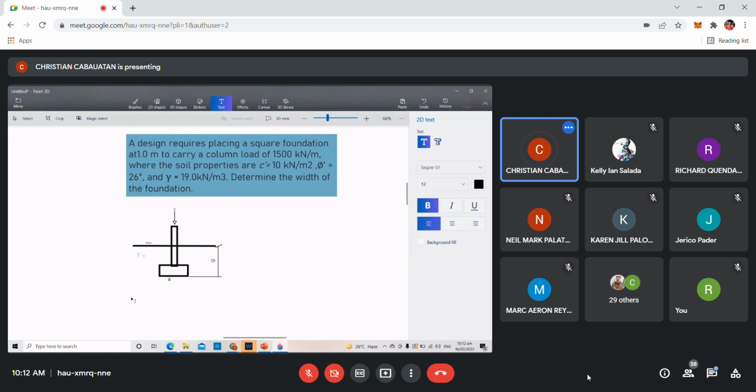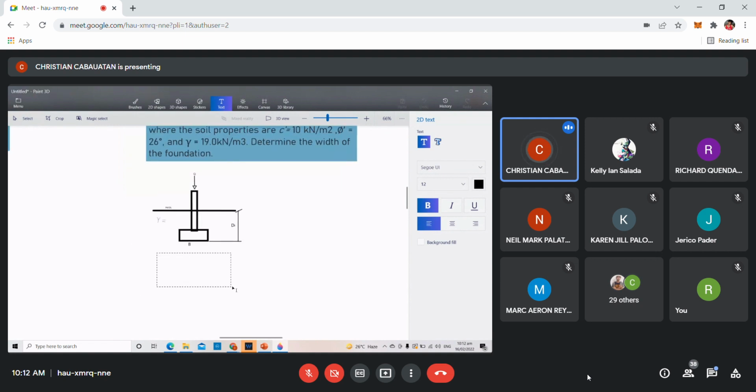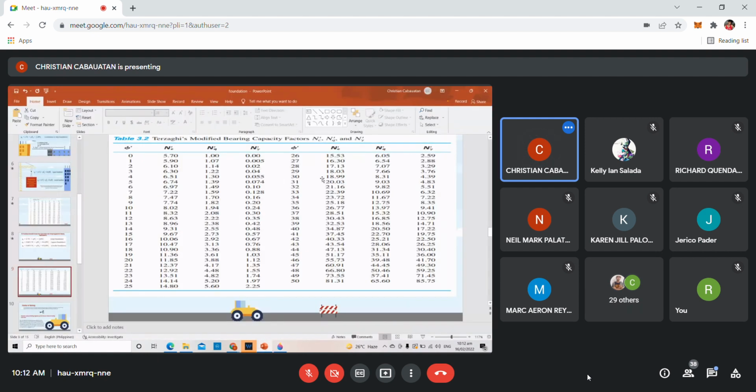So, ang kanyang NC equal to, ang kanyang NQ equal to, and ang kanyang N gamma ay equal to, kunin lang natin sa table. So, 15.53, 6.05, and 2.59.